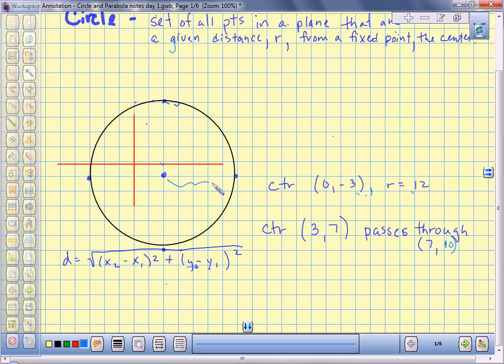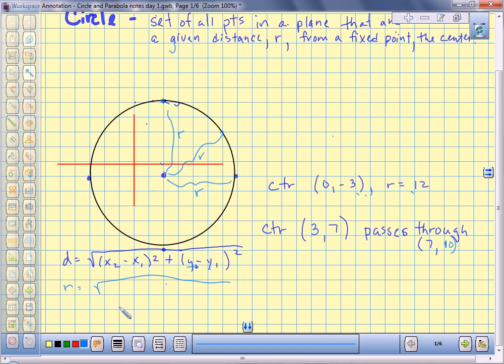Well, what is the distance between the center and any point on this circle? Isn't it the same? Yes. What do we call all those distances? Radius. The radius. We call them r. All right, so here I could say r is equal to that, because that's what the distance is between the center and any point on the circle.